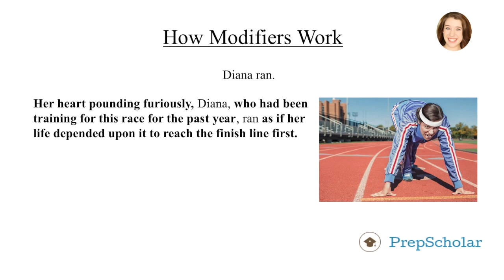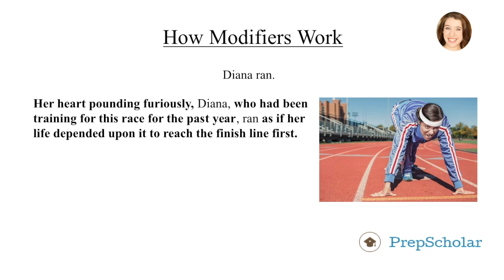They're just phrases that describe Diana, how she was acting, what her history is with this race, and how she took the action in this sentence. That's what modifiers do. They make sentences more interesting by adding description and information and more context to what's going on besides a simple subject and verb.